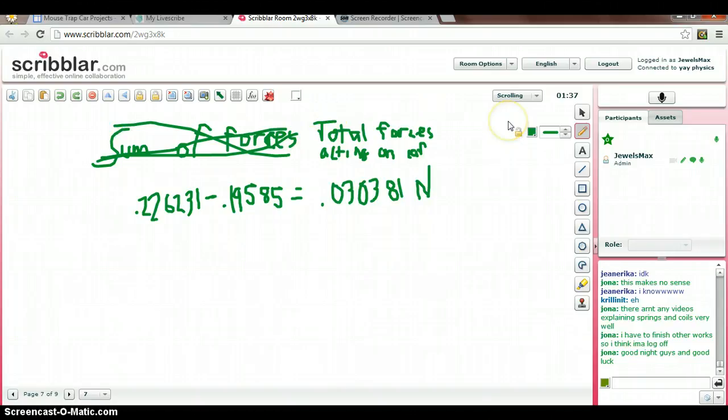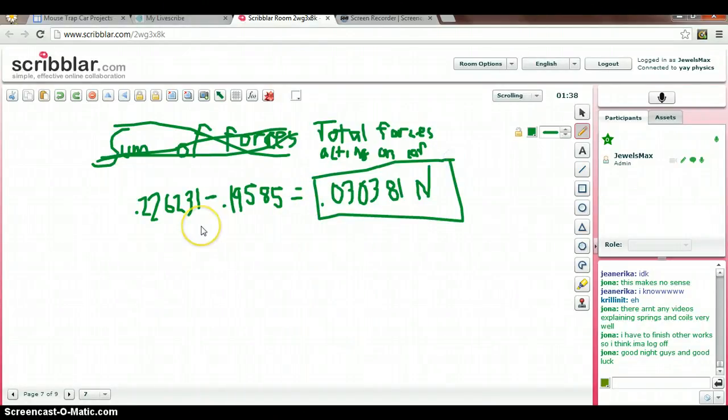This is the total forces acting on the car, which is so I just subtracted the force on the car as it is speeding up, and then I added it to the sum of the force while it is slowing down, and I got 0.226231 minus 0.19585 equals 0.030381 newtons. And this right here is the total force acting on my car as it speeds up and slows down.